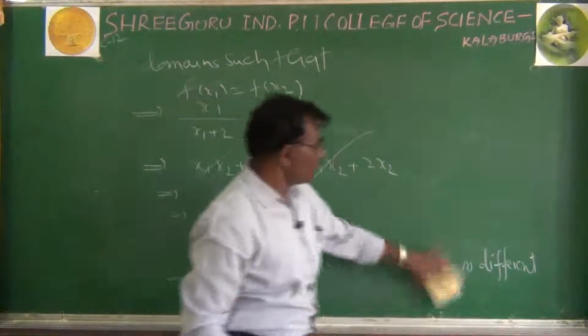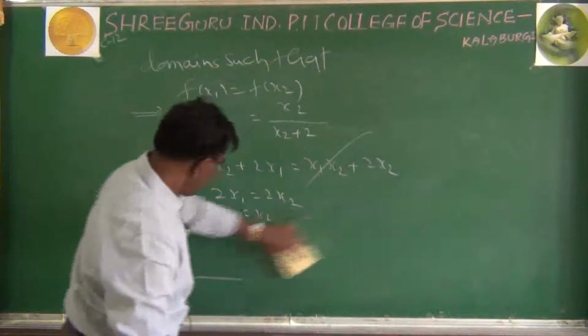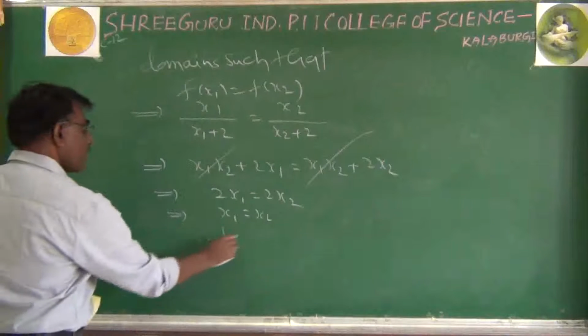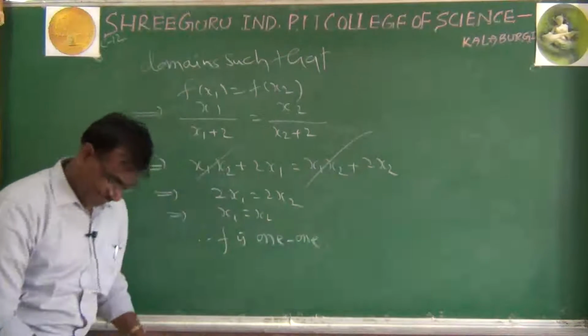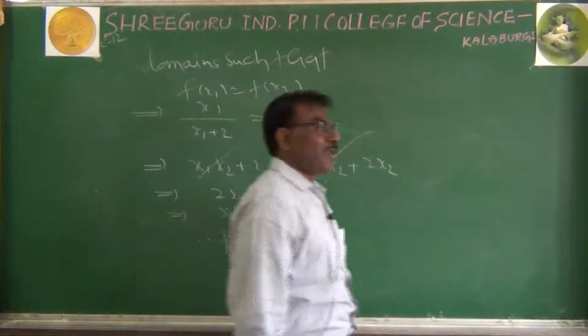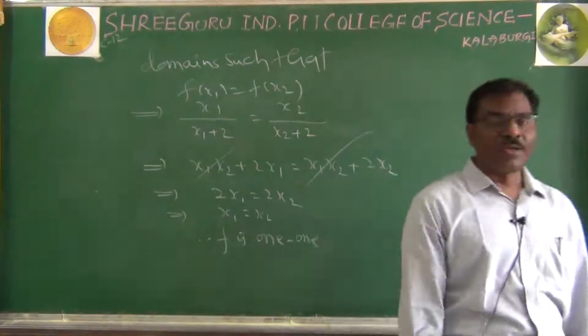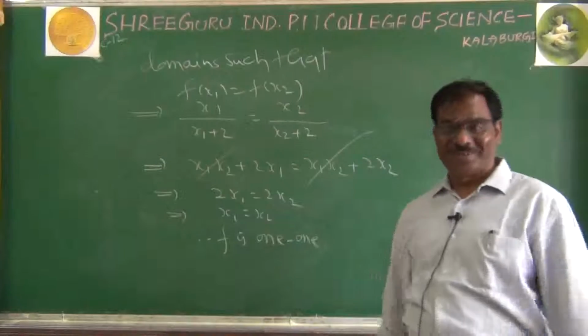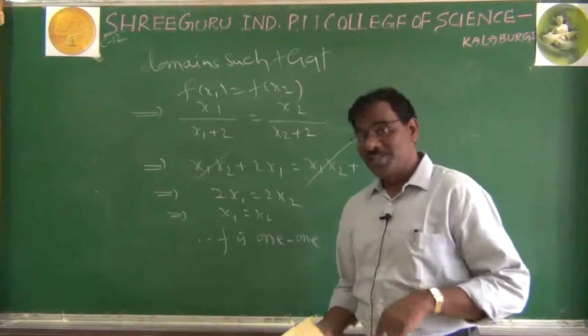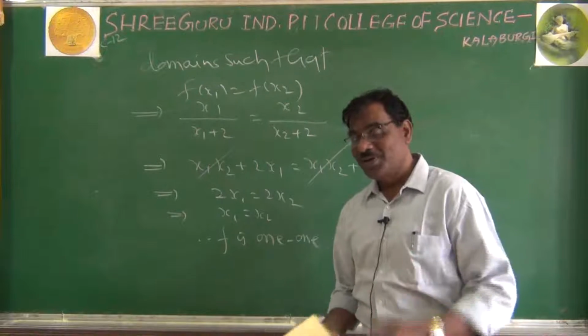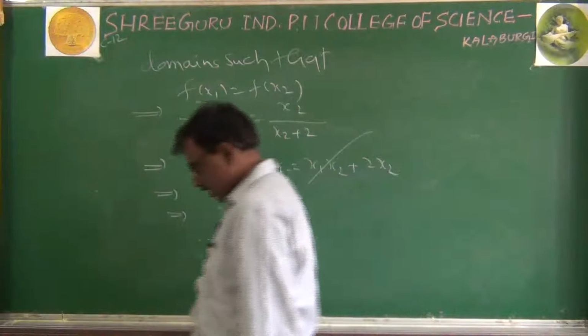Therefore, f is one-one. He is not asking onto, but onto is given, because the codomain equals the range. Codomain equal to range, so f is onto.